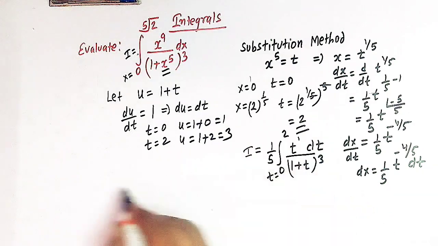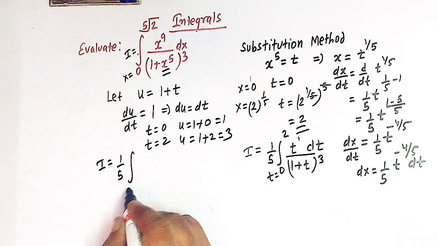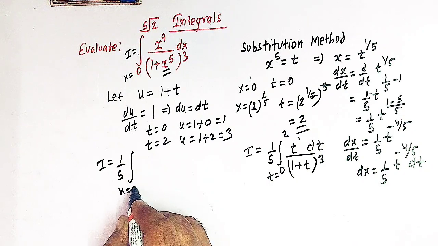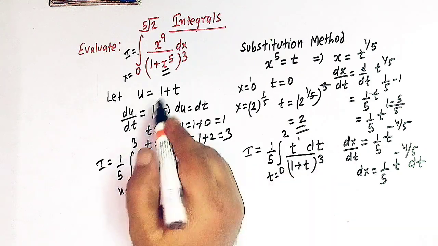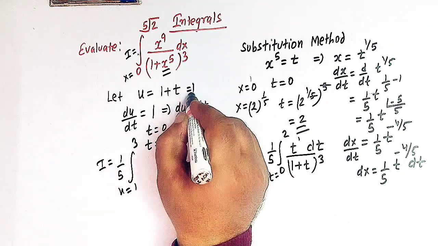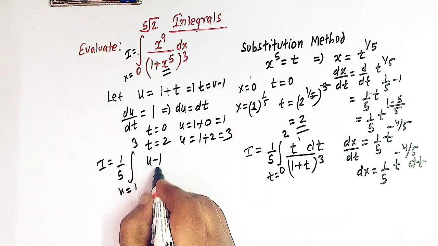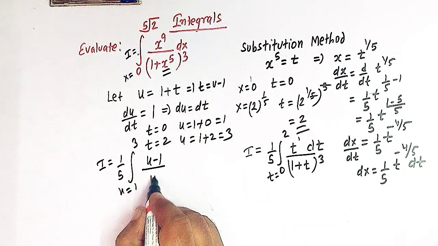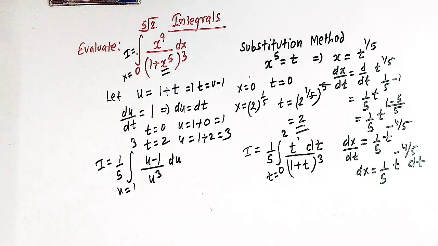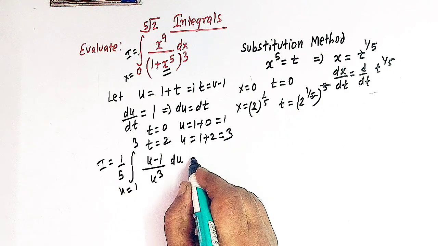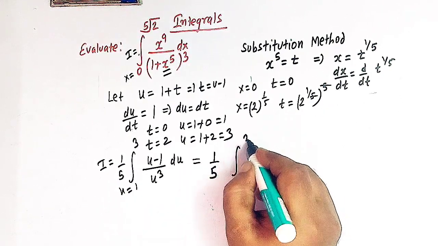So now this integral can be written as 1 over 5, and we have u varying from 1 to 3, and here t can be written as u minus 1. So we have (u minus 1) over u cubed, and here we have du. So now we can write 1 over 5, and here we have 1, 2, 3.